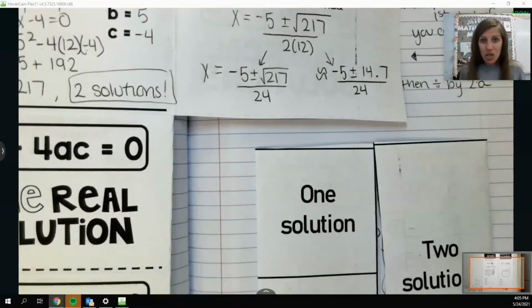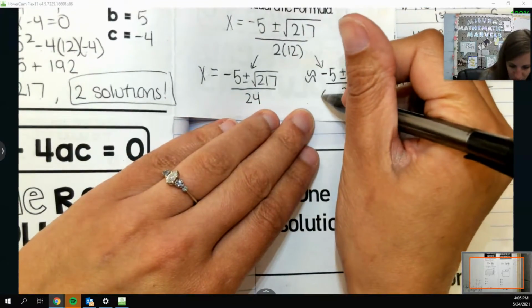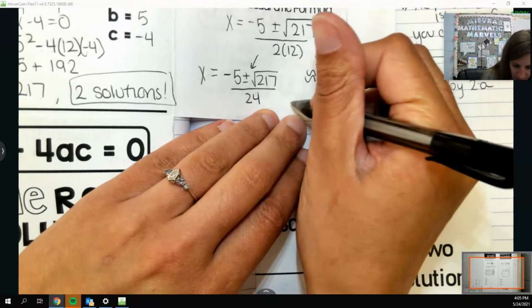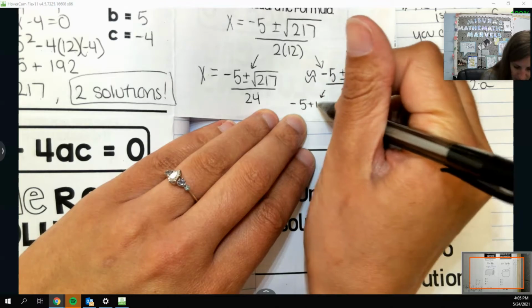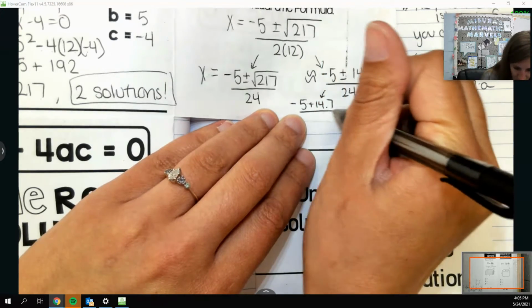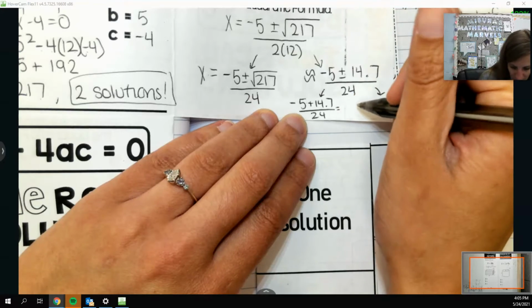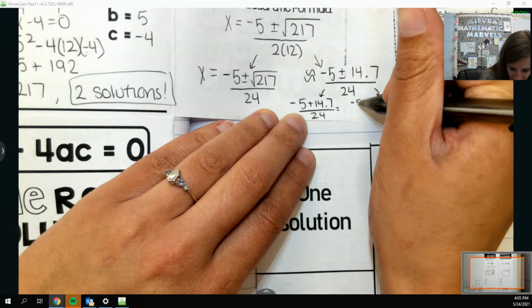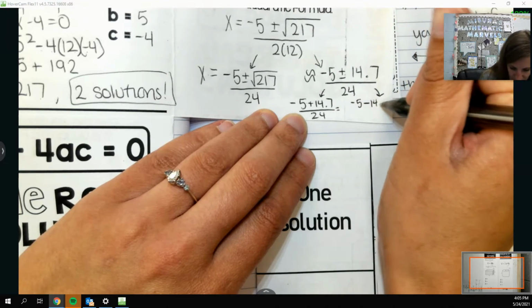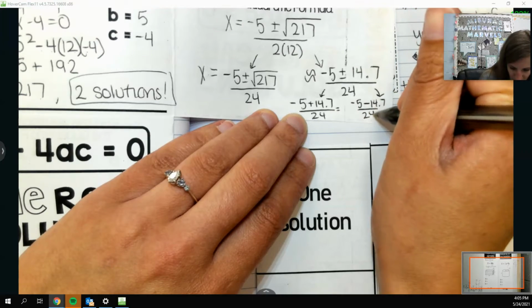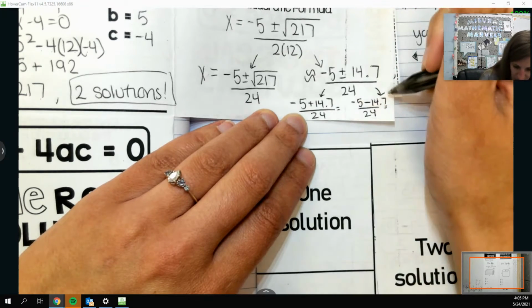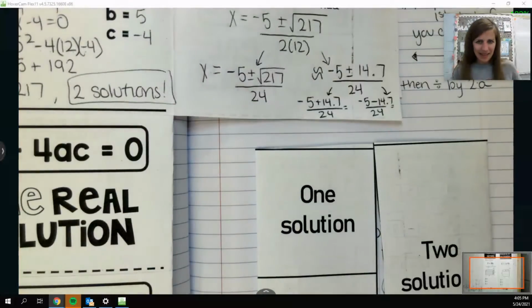Okay. So if we then think about what our two approximate answers would be, one of them will be negative 5 plus 14.7 over 24, which will equal something. And then the other one will be negative 5 minus the 14.7 over 24, which will equal something else. I kind of run out of space here, but we can do it.